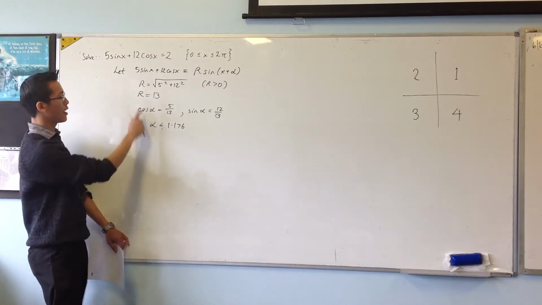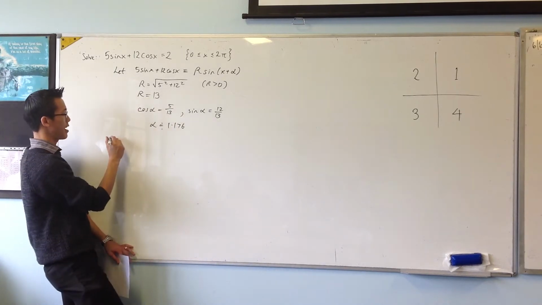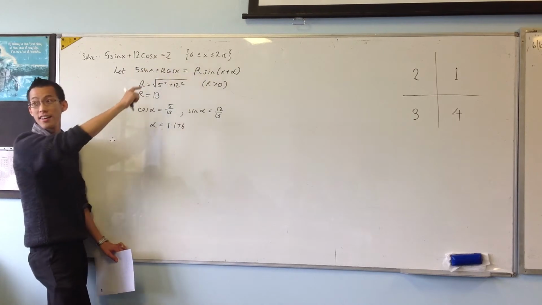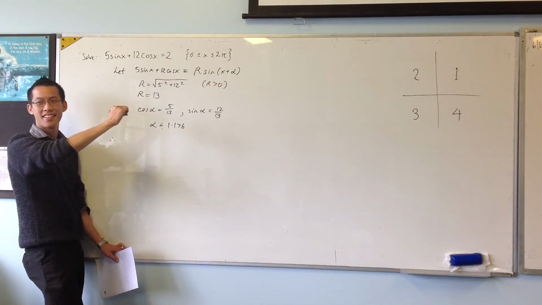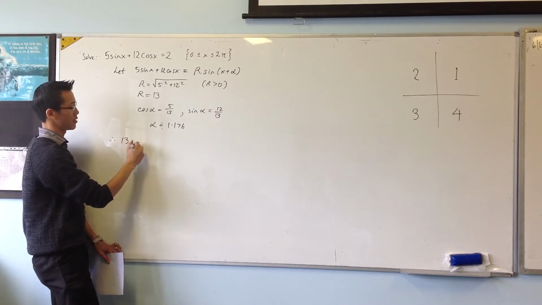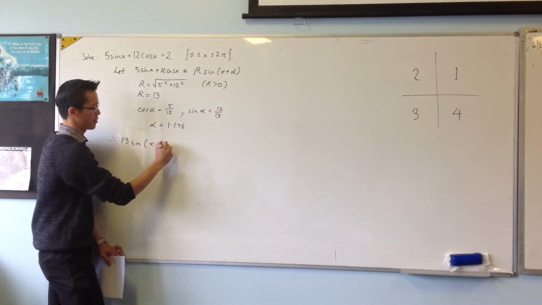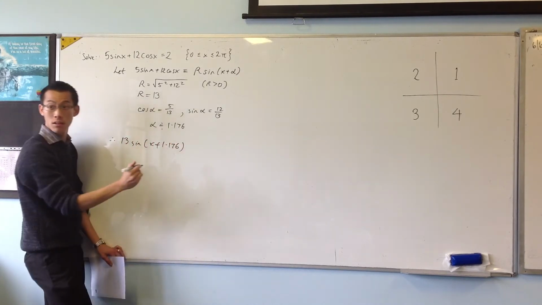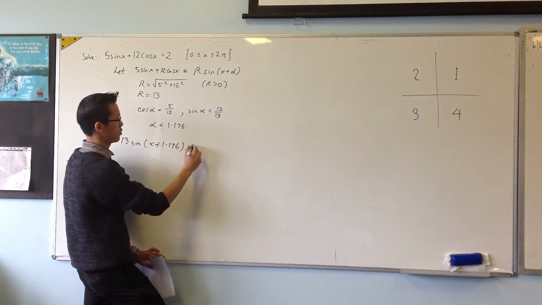All right, now I've got alpha, so I can say this question up here is equal to 13 sine x plus this weirdo number here, which is equal to 2.